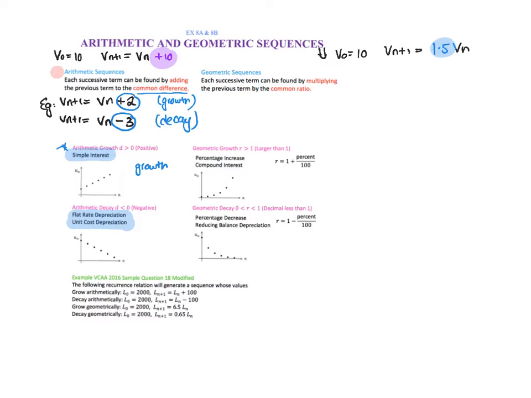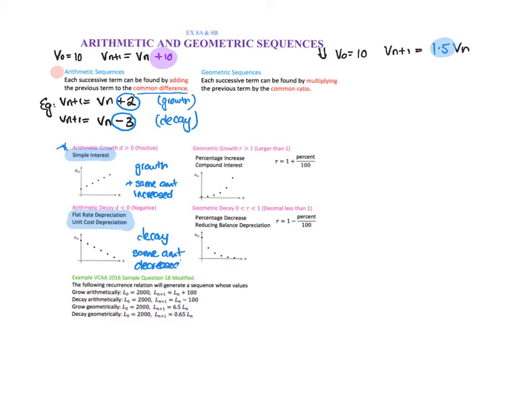And that's an example of decay here. So it's always the same amount. So here you might write the same amount increased every time, yeah? And then with these two down here, it's the same amount decreased every time.